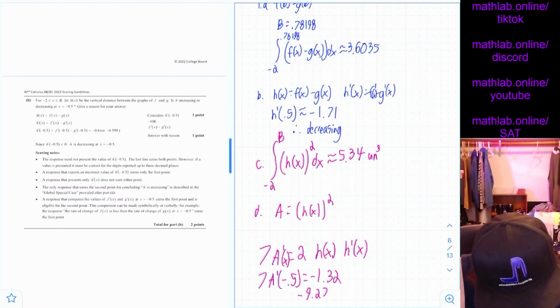I didn't consider h prime of negative 0.5. That I did do f prime of x minus g prime of x. I just didn't do it at negative 0.5. Is there anything about if you typed in the wrong number?